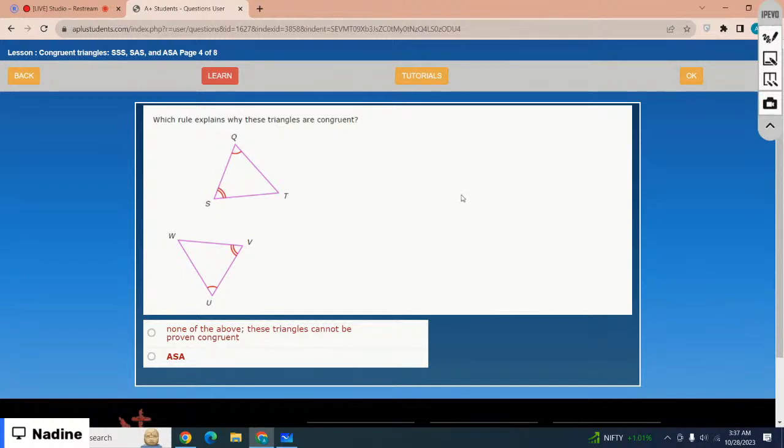These triangles are not congruent, right? Because you can see just two of the sides are congruent, no angle, no other side. So that means this cannot be proven congruent, right?